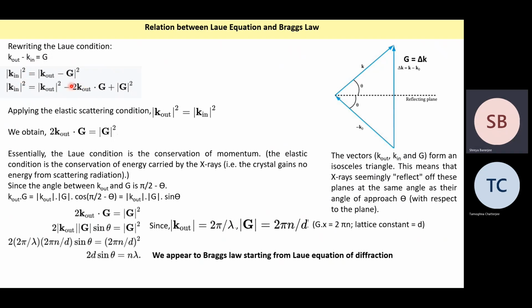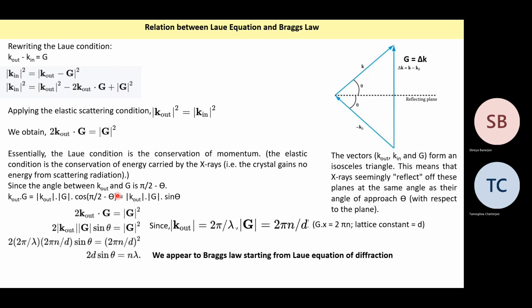And if you move the 2 K out G term to one side, you will have 2 K out G is mod of G whole square. So in a way, this is like the conservation of momentum equation that is there in physics.